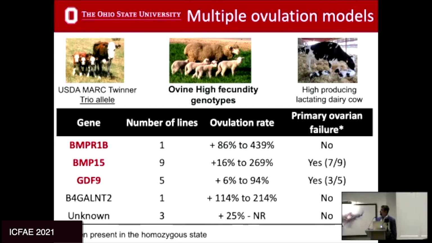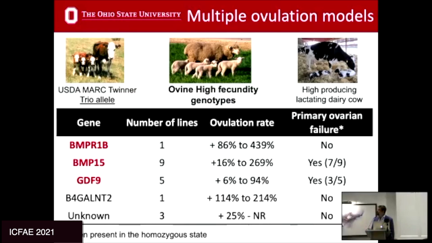And last time I checked, there are always some new ones coming up, but about 80% of these mutations are present on members of the TGF-beta family, basically BMP15 and GDF9, or one of the receptors, the BMPR1B, which was actually the original mutation discovered, commonly known as the Booroola. What these mutations cause is basically an increase in ovulation rate in the heterozygous state, and it can lead to even further increases in ovulation rate when present in the homozygous state.